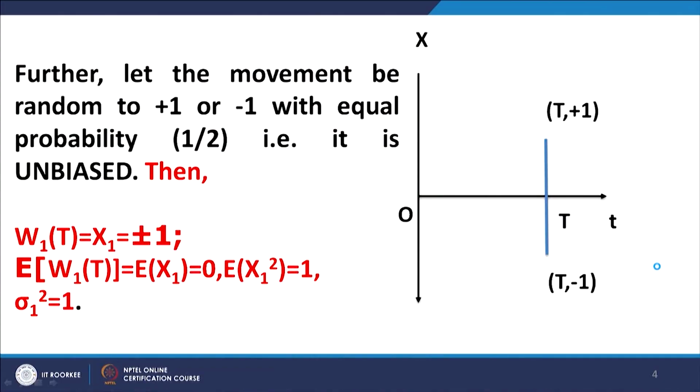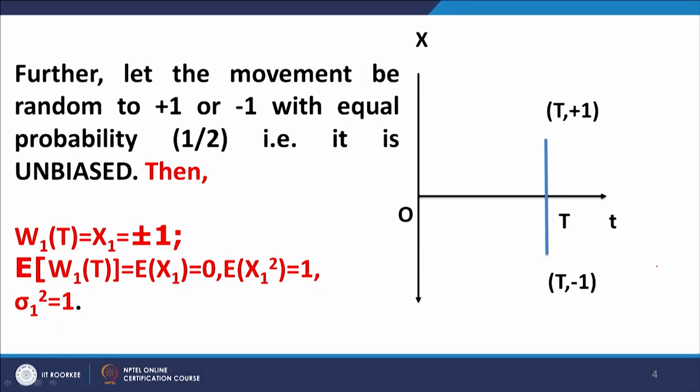So, 0 to capital T, at point T the experiment is done, the coin is tossed. If it ends up with a head, the particle or the pointer or whatever moves up one step, and if it turns out to be a tail, the pointer moves one step downwards.